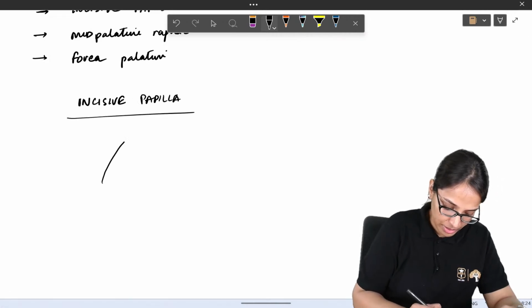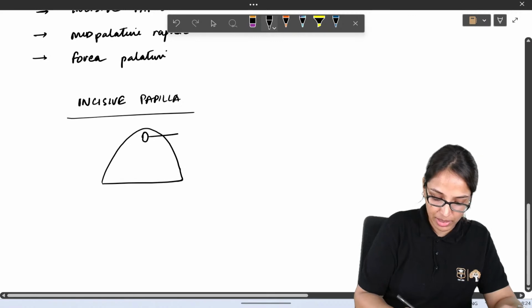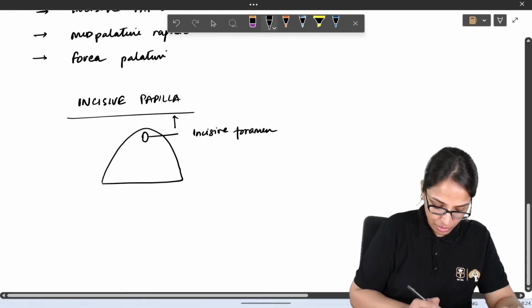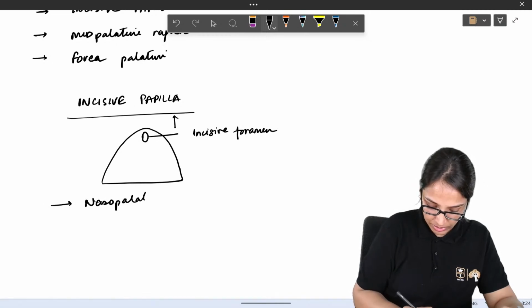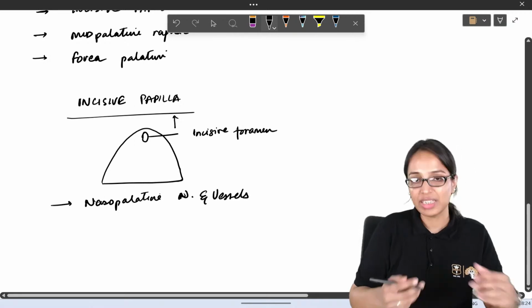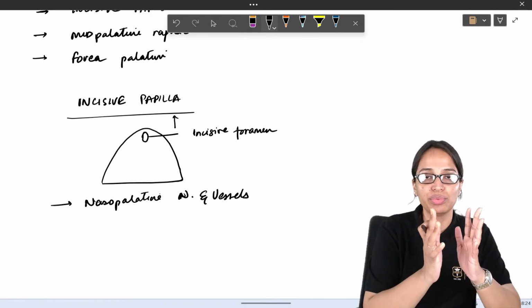What is it? In the anterior part of the maxilla, just where our central incisors are, you see a papilla-like structure. It is lying over the incisive foramen. It is an opening of the nasopalatine nerves and vessels. Nasopalatine nerves and vessels pass through the foramen into the nose.